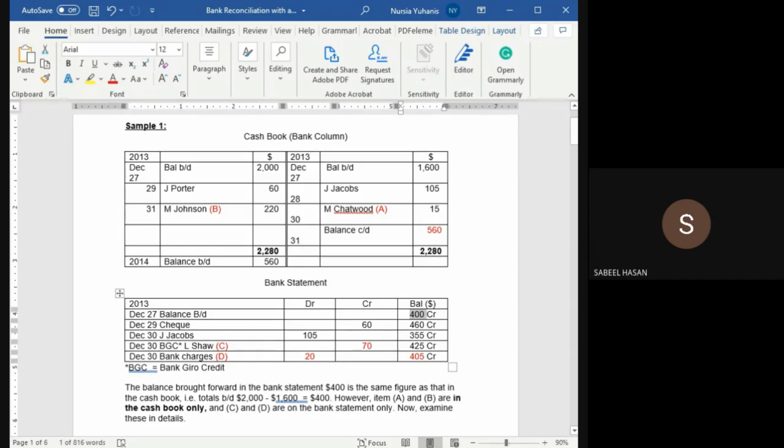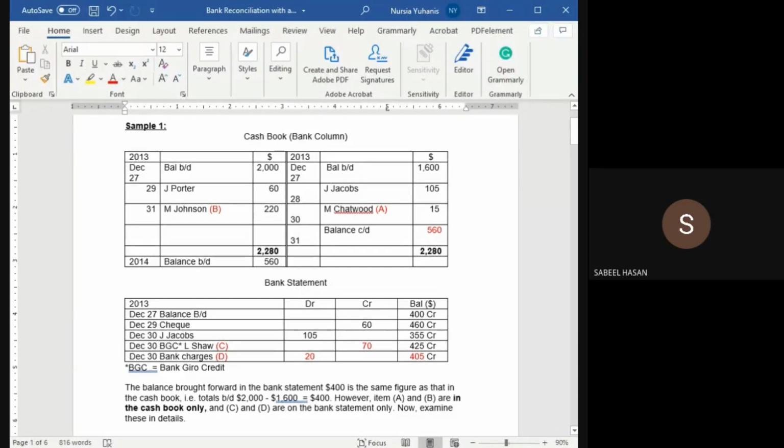No, you cannot see 400 here. So where is the 400? The 400 is from deducting this balance BD from that balance BD. You have one balance BD on your debit side and one balance BD on your credit side. If you compare and minus these two, the difference is 400. So this is equal to your bank statement balance of 400.